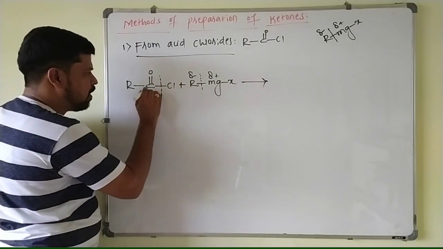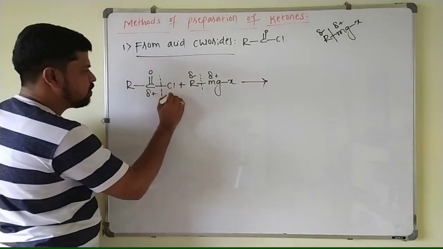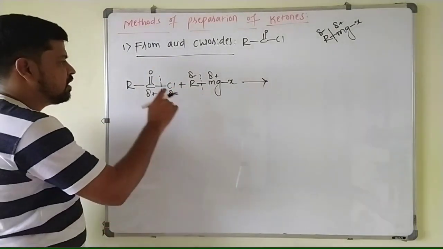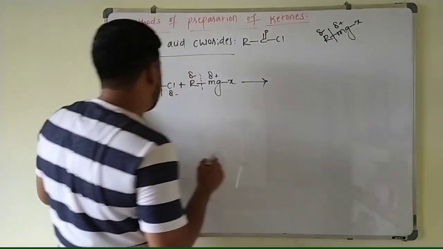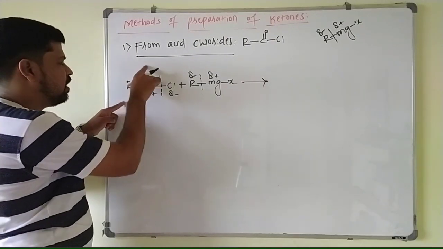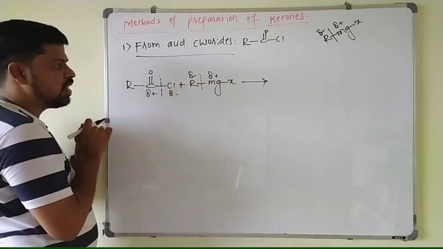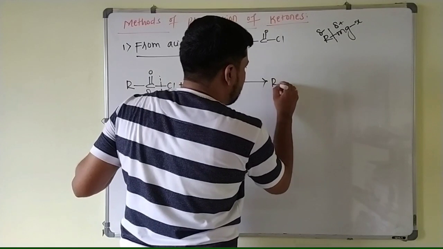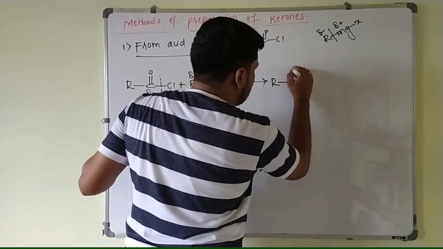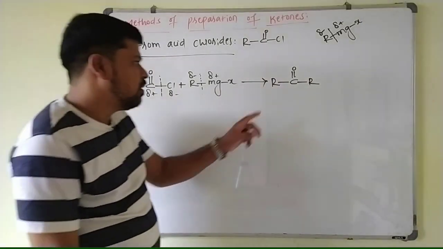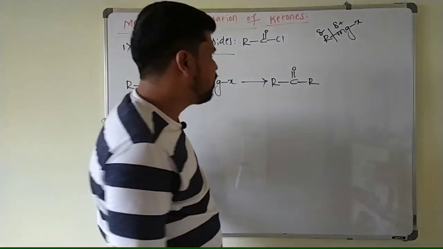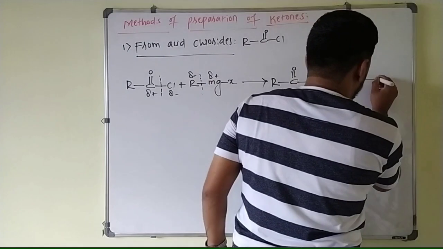Here also this is a partial positive carbonyl carbon, and this will be partial negative. This positive reacts with negative, and this positive reacts with negative here. So what is the main product obtained here? Ketone, R C double bond O, and this alkyl group is attached here. So here ketone is formed, and this byproduct is neglected here. And again this ketone will react with another mole of Grignard reagent.